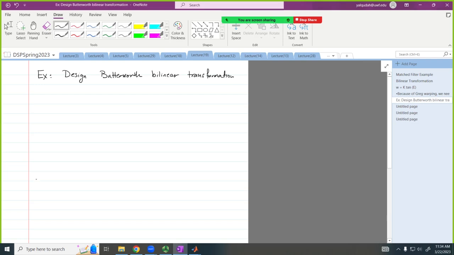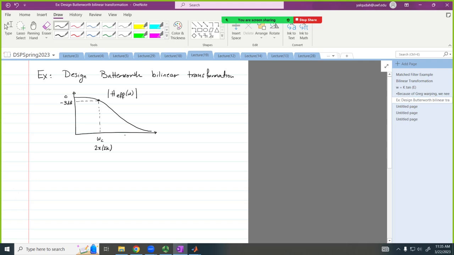Okay, so we have a filter that we want to design. And the specifications are given by the following. I want omega cutoff, which is equal to 2 pi multiplied by 2k.